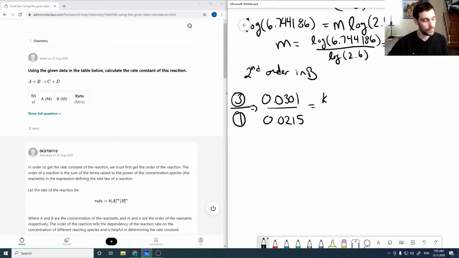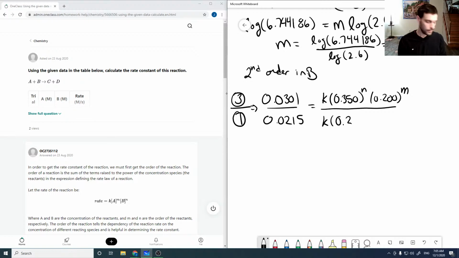I guess I should write them out completely. So K 0.350 to the n, 0.200 to the m. Now we know what m is, but I'm just going to leave it because it's going to cancel. 0.250 and 0.200.